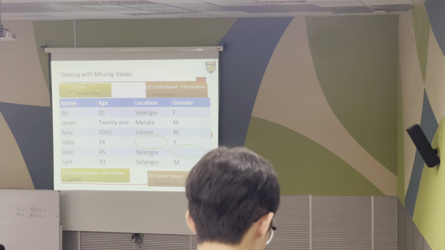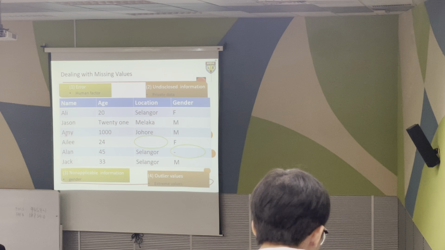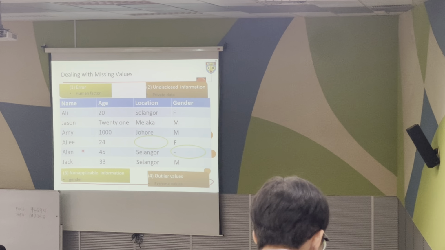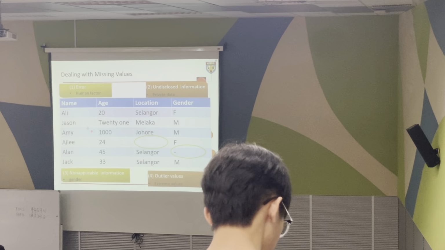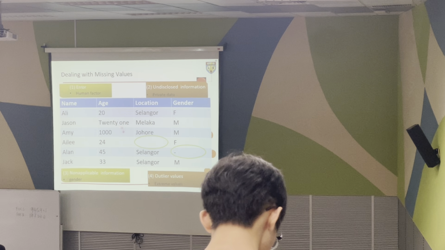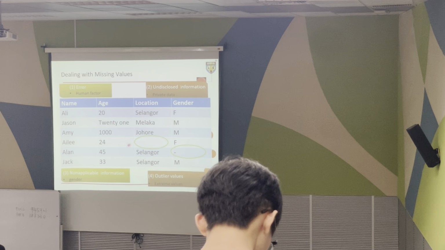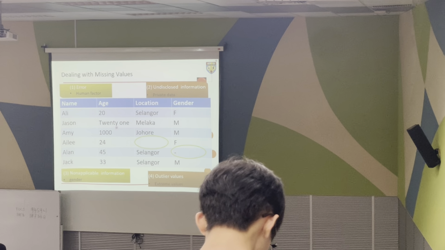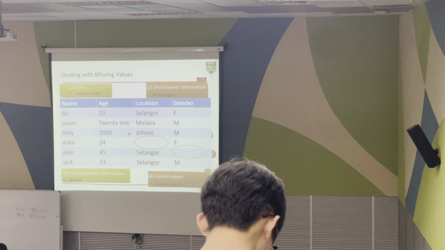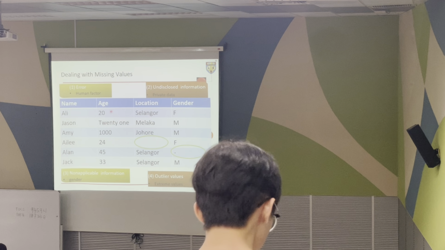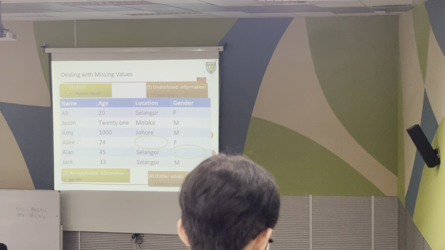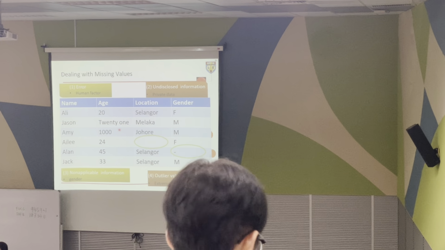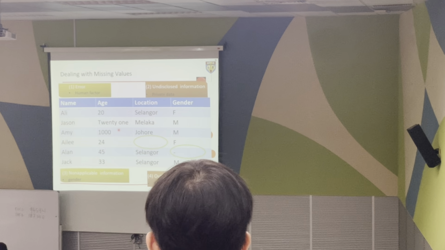For example, for record 4, there is a missing value here. Record 3 has 1000. This 1000 we consider an extreme value, or we call it an outlier, because it is different from the others. Outliers are extreme values, either lower or upper, whether smaller or bigger values.